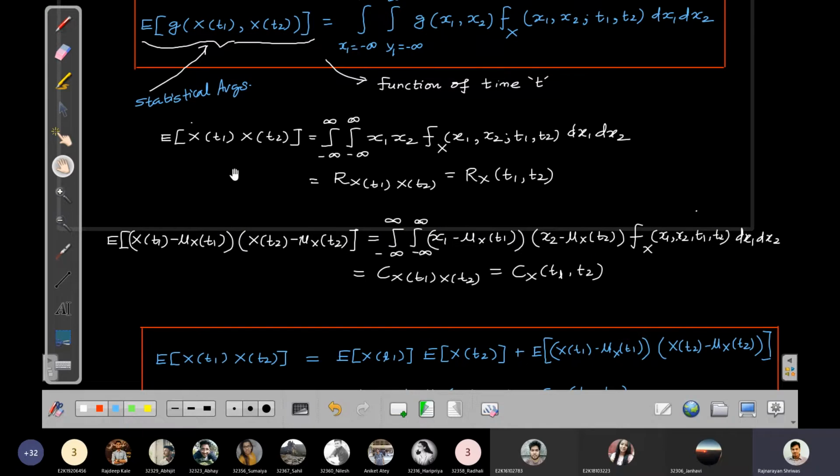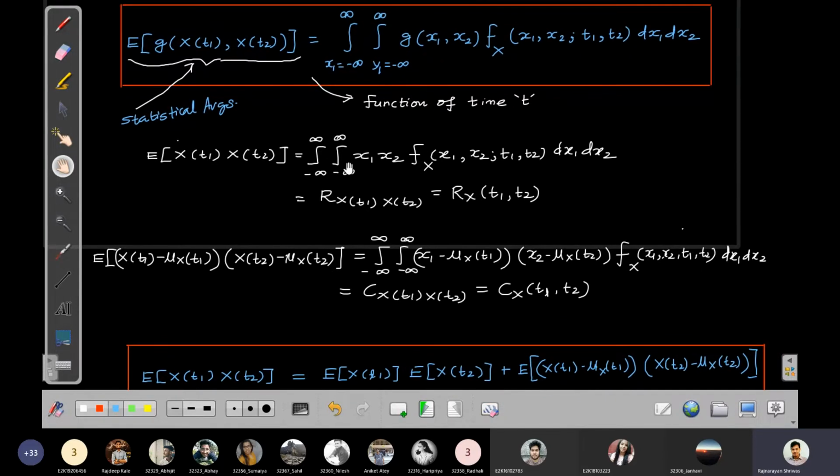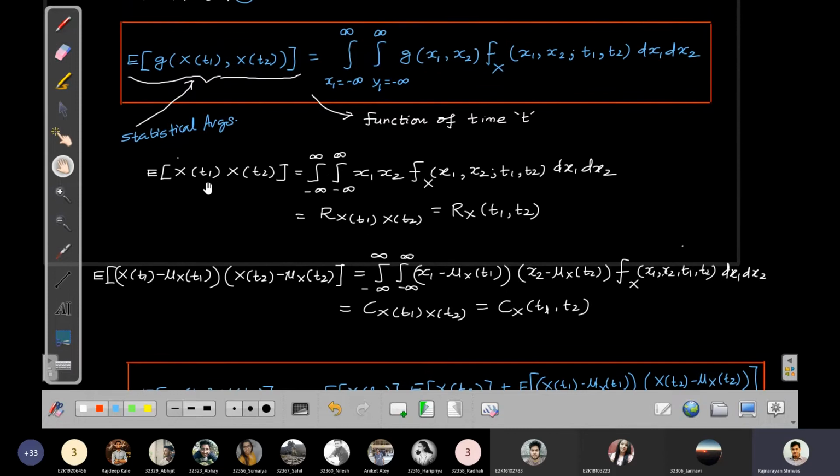If you have two random processes, and you take one random variable from one process and a second random variable from the other process, multiply them and take the expectation, you call that a cross correlation. Co means two, right? This will use two integrations. This is just a product of two random variables. xt1 will take x1, xt2 will take x2, and this is the joint PDF that I'm using here.